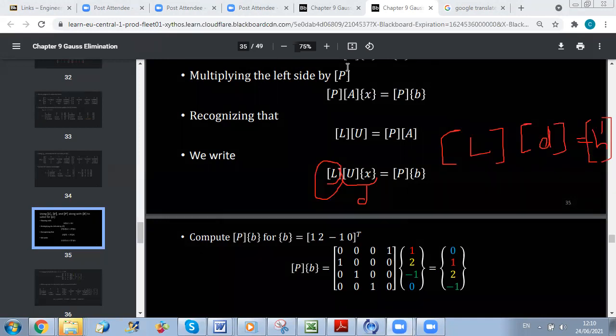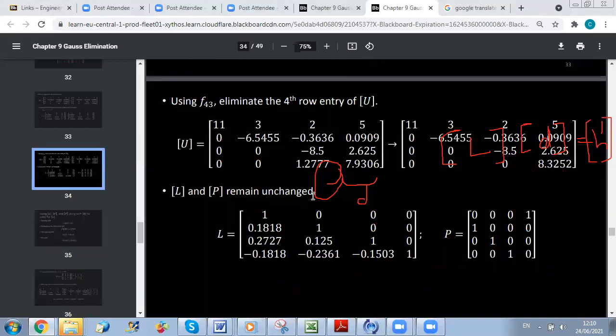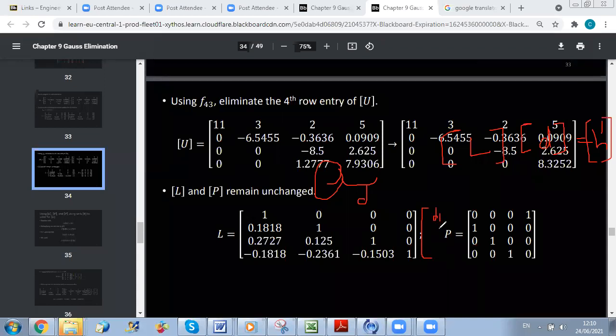If I go up to L, this is my L matrix. I have L times D. D is unknown, so I will write it as D1, D2, D3, D4, equals the modified vector B prime.